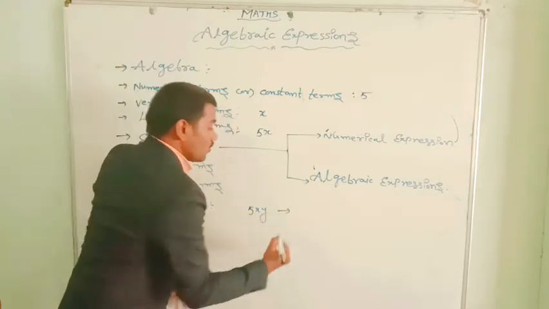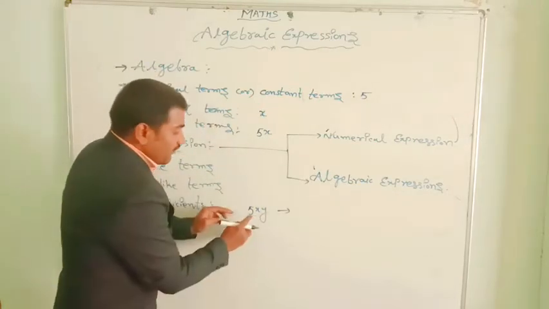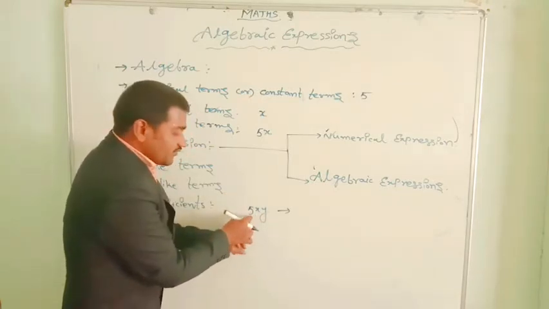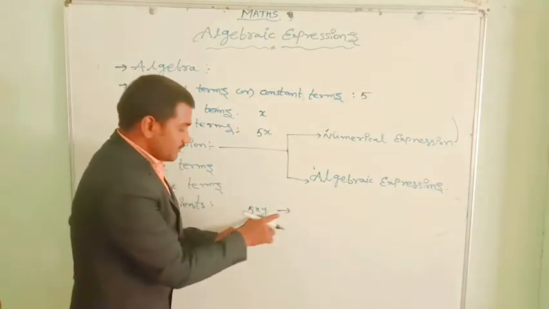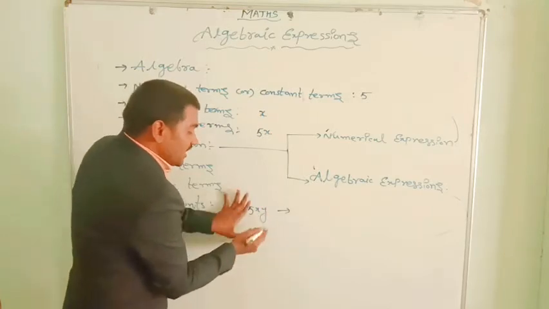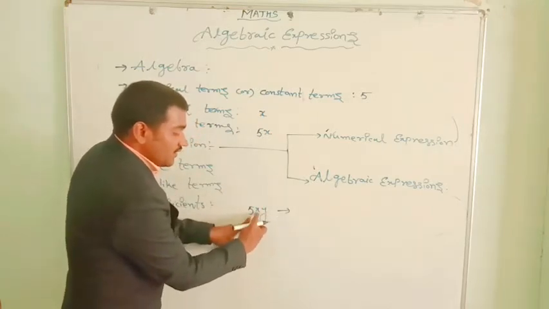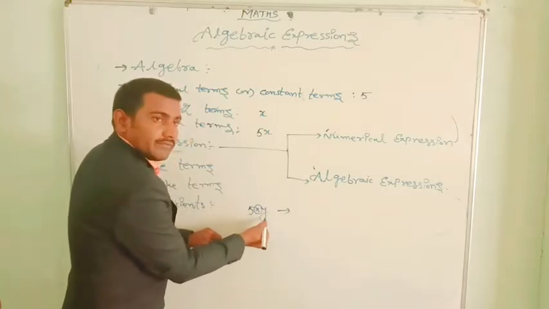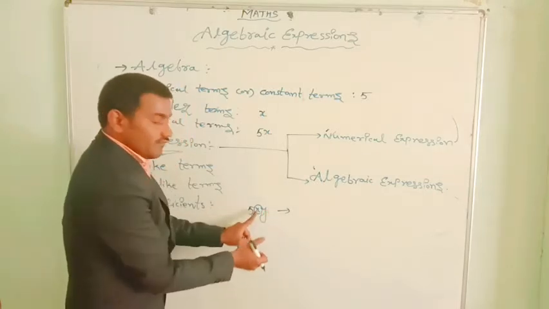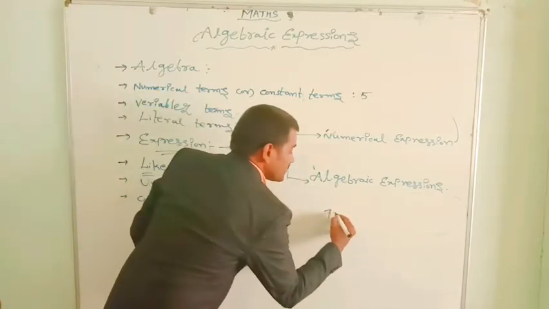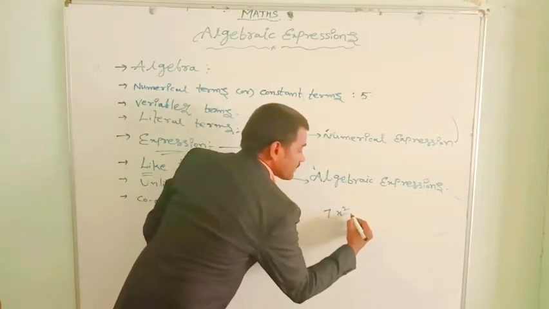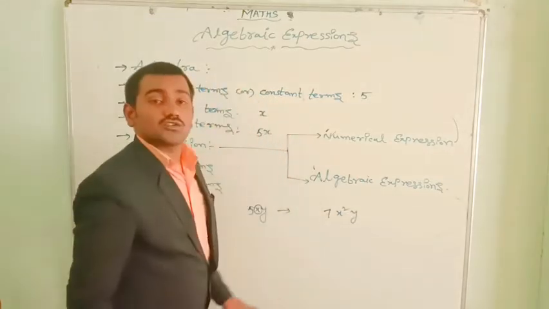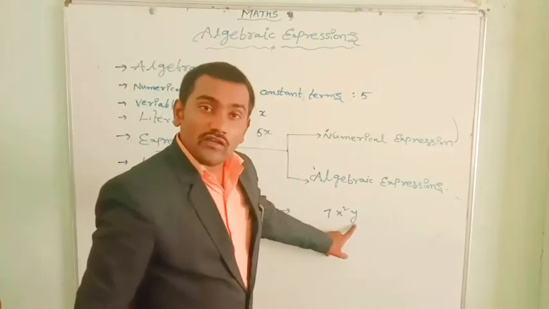What is the coefficient of 5? The coefficient of 5 is xy. The terms that are multiplied to 5 are known as the coefficients. Here, what is the coefficient of 5? The coefficient of 5 is what? xy. What is the x coefficient in 5xy? What is the y coefficient in 5x? For example, 7x square y. What is the y coefficient?